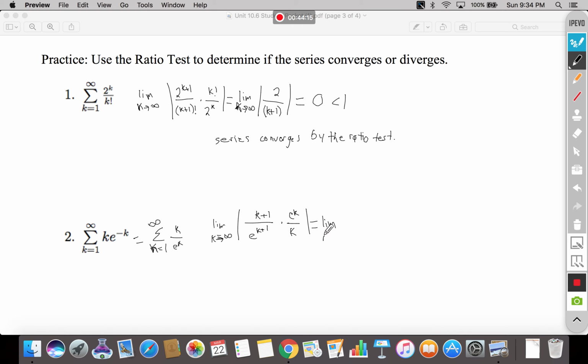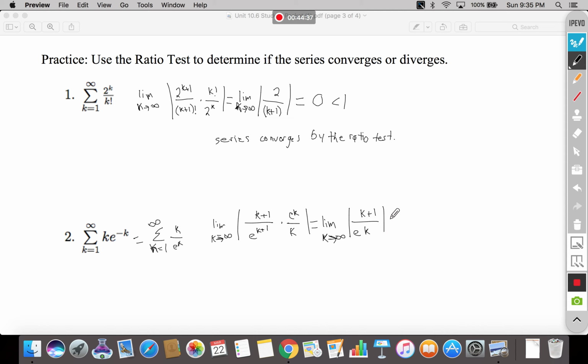This is going to be equal to the limit as k approaches infinity of the absolute value of, let's see, k plus 1, those can't cancel out. But e to the k plus 1, some things cancel. This will be k plus 1 over e to the k, which will cancel out with the e to the k, leaving me with just e times k.